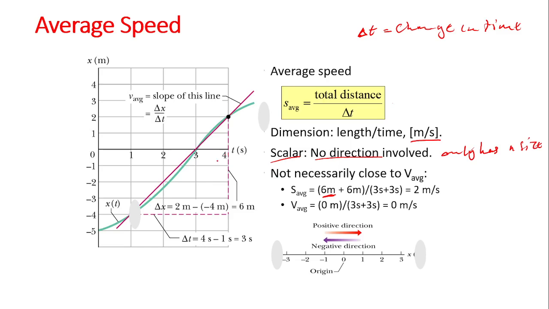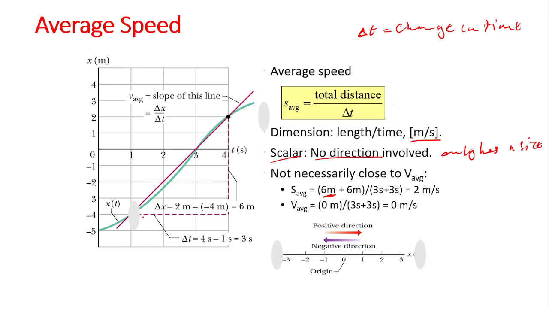Now, one other thing that you are supposed to understand is that after this object has moved, there is also a part whereby it is going back. So this object is moving twice. It has gone up 6 meters and then gone back 6 meters.